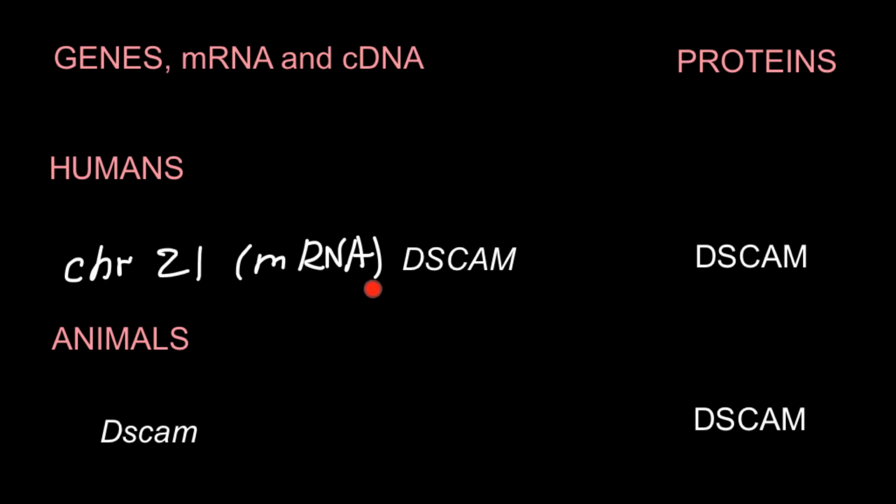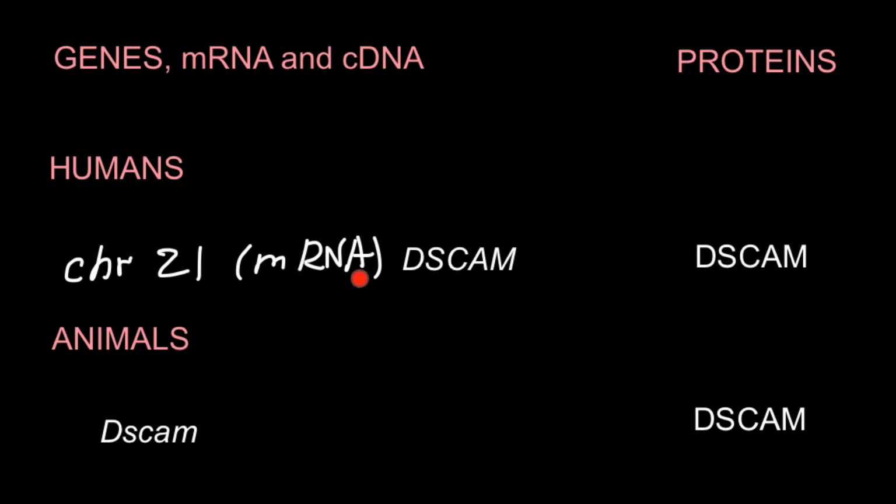Now if you would see such a line, you would be able to decipher it as: we have Down syndrome cell adhesion molecule messenger RNA, and the gene that produces the messenger RNA resides on chromosome 21.